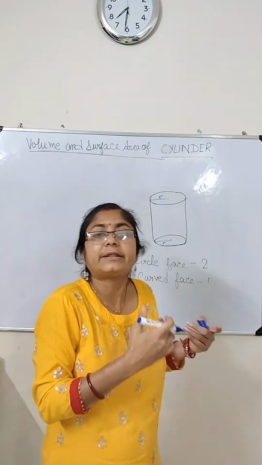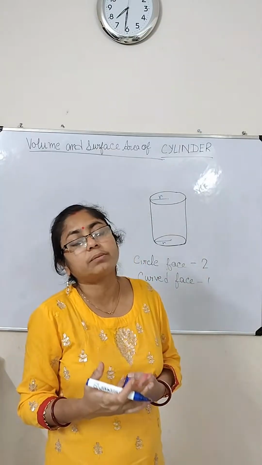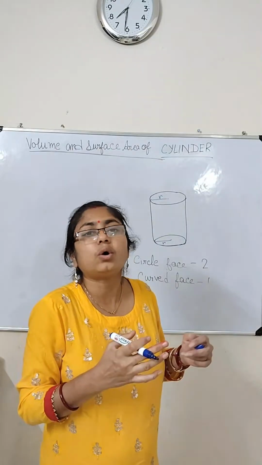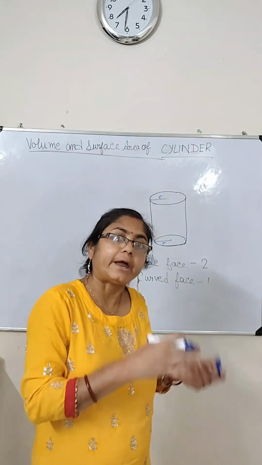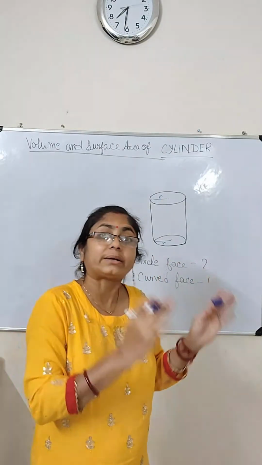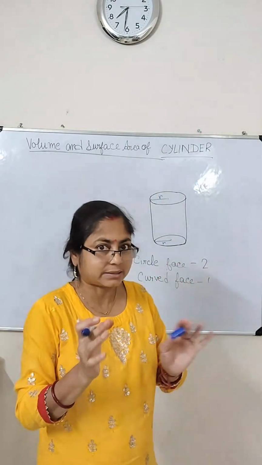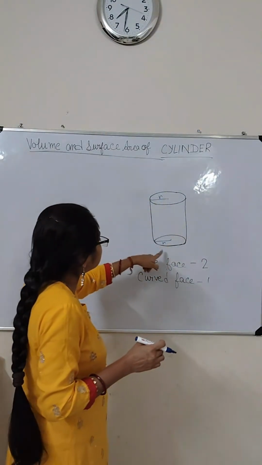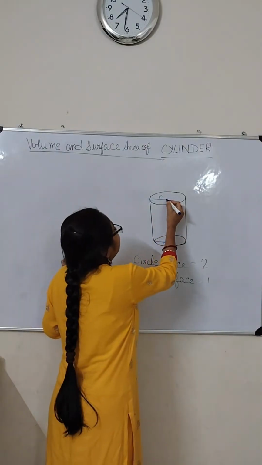Because after that I tell the formula to solve volume and surface area, where you put the value of radius, height and everything. So first clear your idea of what the radius is and where it is present. There are two radii here, and this is a center point.